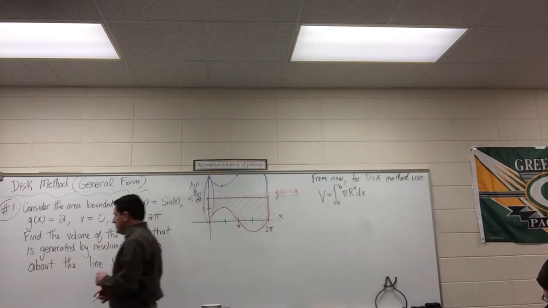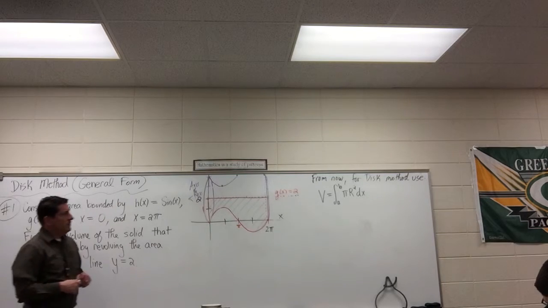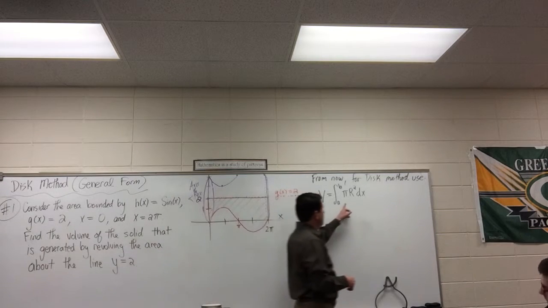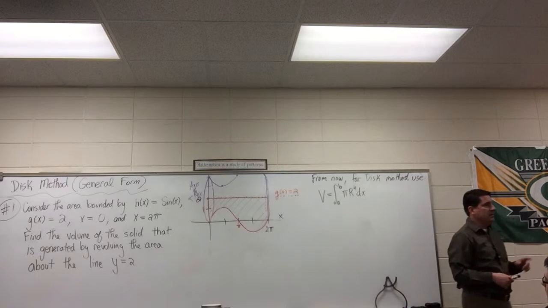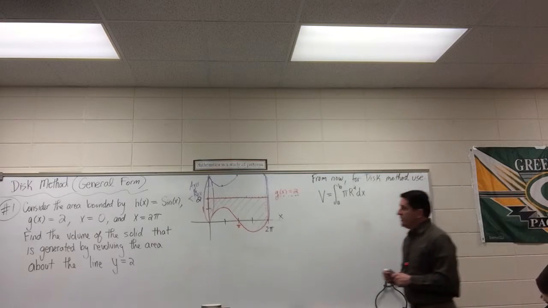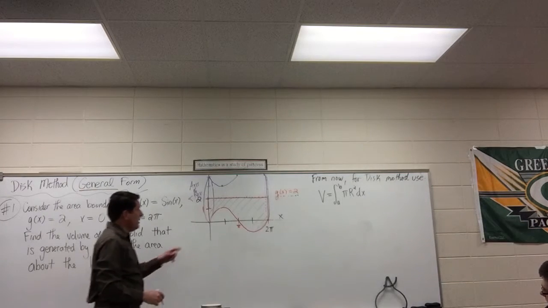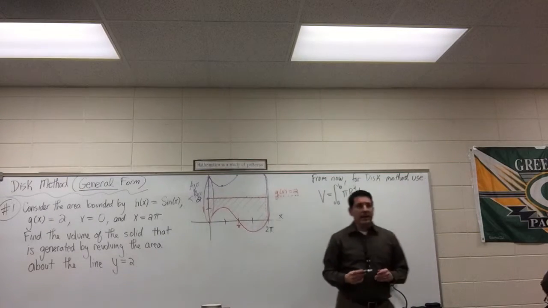So from now on, this is going to be the volume formula. The difference, that you might remember from Friday, is that Friday we used f of x. This is now the general form, and it handles when we revolve this thing about an axis that's not the x-axis.